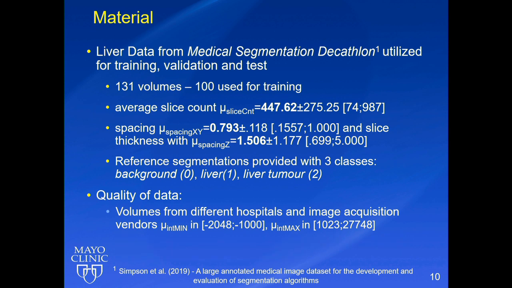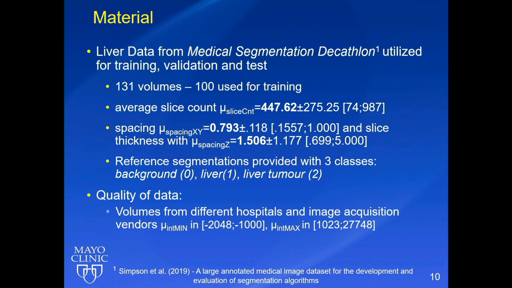Yeah, the data is from different vendors, different hospitals, different medical experts providing the reference segmentations, and different tools that have been used to provide the reference segmentations, but this heterogeneity is not a bad thing for a machine learning approach. So variability in your data helps a lot.